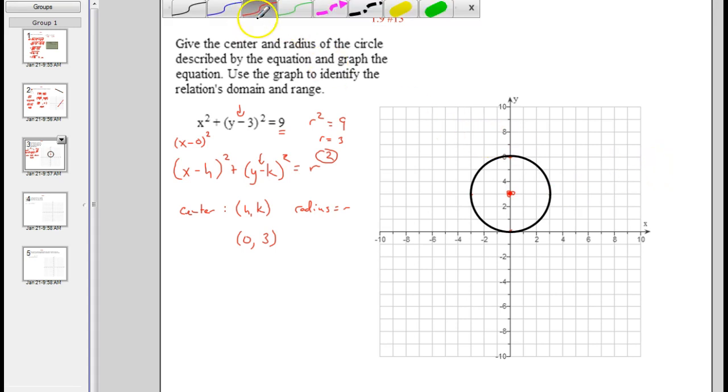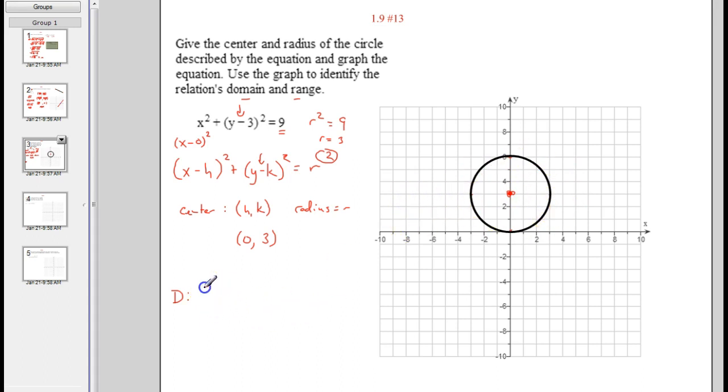Now the second part says come up with the domain and range. Remember, the domain is the x-coordinates on the graph. The x-coordinates start here at negative 3, and there are x-coordinates all the way through until we get to positive 3. Then there's no more graph as I move left or right.